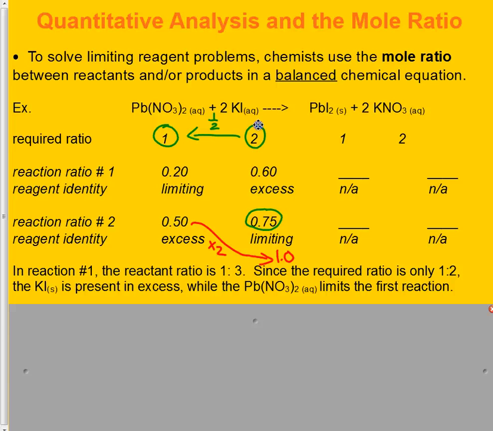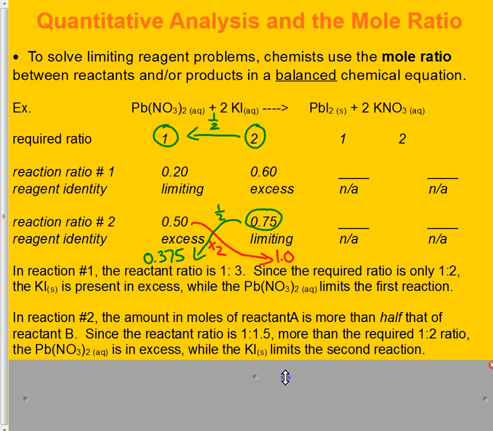Going the other way, we look at half of this is required, and we have that and more. So either way you reason it out when you explain your limiting and excess, it comes down to a mole ratio of what's required and what is actually present. So here's the explanation that I came up with. You can record that information in your handout.